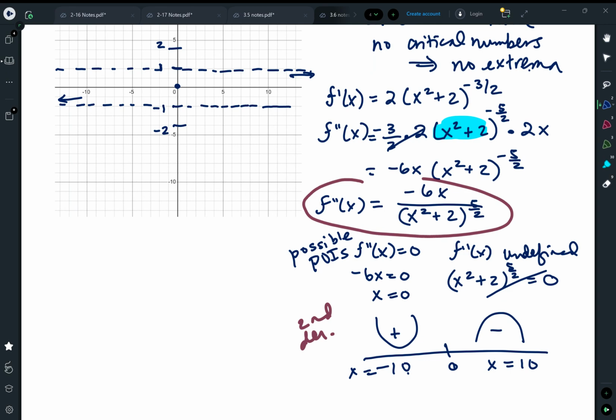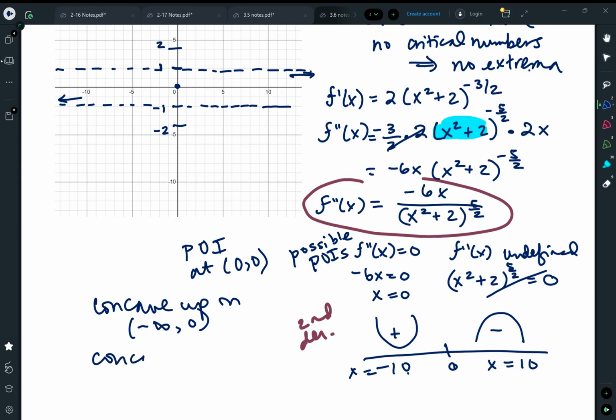So this is telling me I have a POI at 0, 0. I'm going to write it over here. So point of inflection at 0, 0. And we are concave up on the interval from negative infinity to 0. And we are concave down on the interval from 0 to infinity.